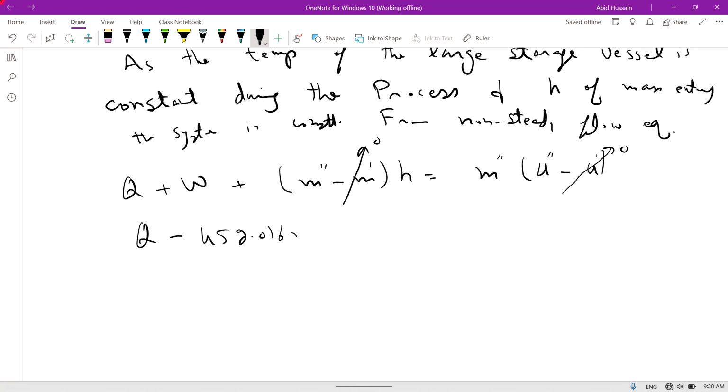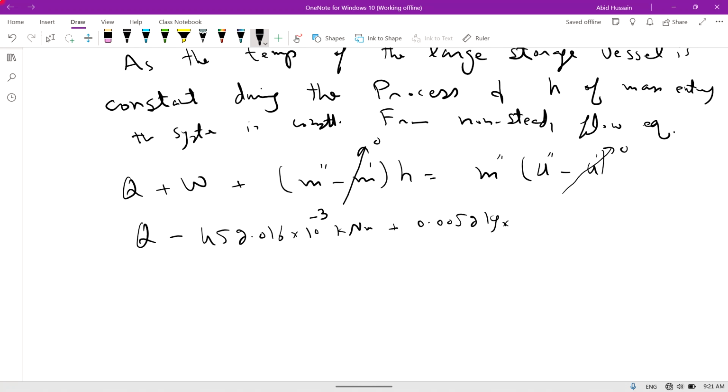If I write this in kilonewton meter, I divide by 10 power 3. Plus the value of m double dash is 0.0052 kg.